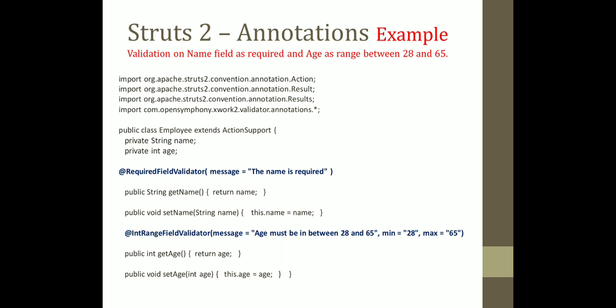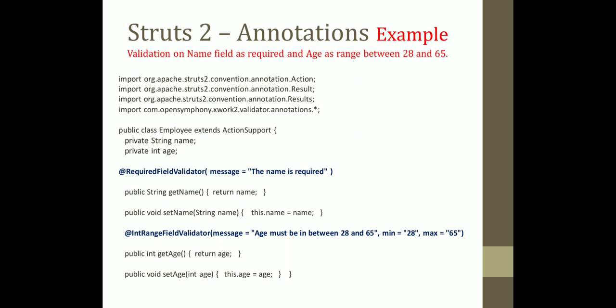Then we have used the required field validator. It will pass the message that the name is required, and we need to include public String getName, which returns the name, plus public void setName with String name, and this.name equals name. Then in the other dark blue line we have entered the int range field validator.